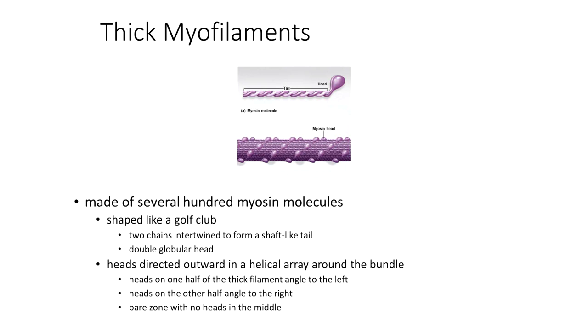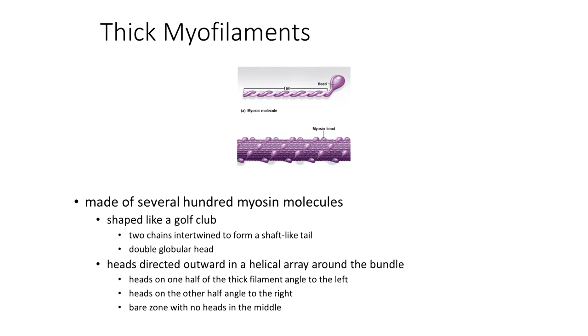So we have thick filaments. These are made of several hundred myosin molecules. Myosin is the protein within a thick filament. Okay, so thick myosin. They are shaped like golf clubs. They are two chains intertwined to form a shaft-like tail.